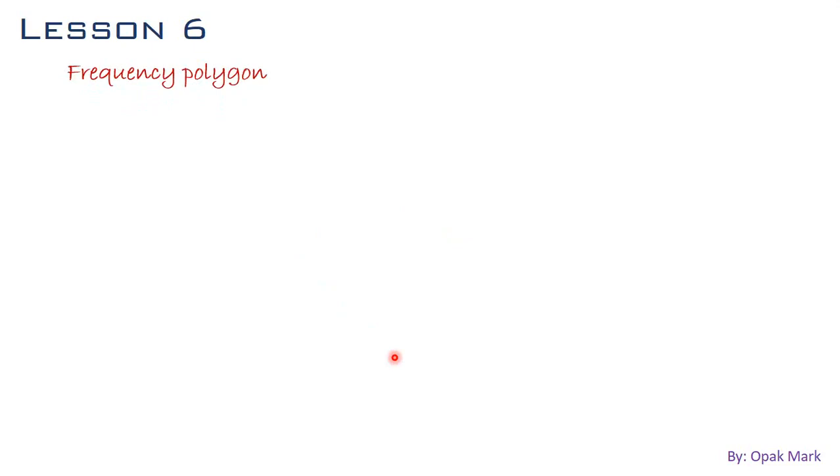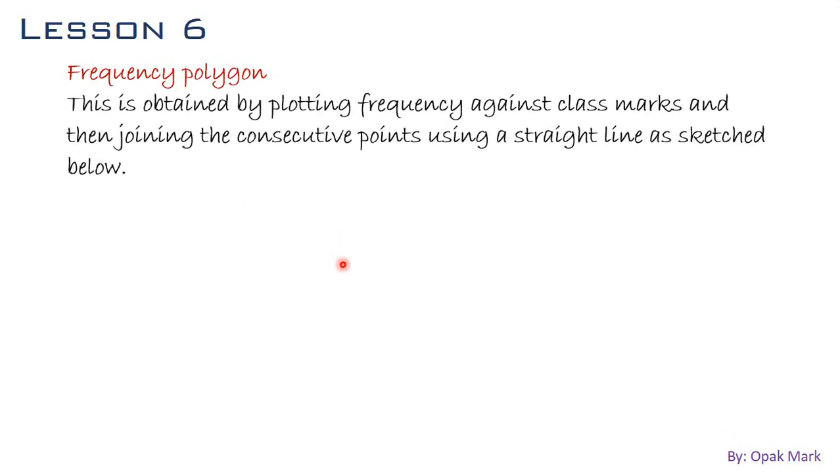This is obtained by plotting frequency against class marks, or what we call the mid marks. And then we join the consecutive points using a straight line, as this sketch shows.